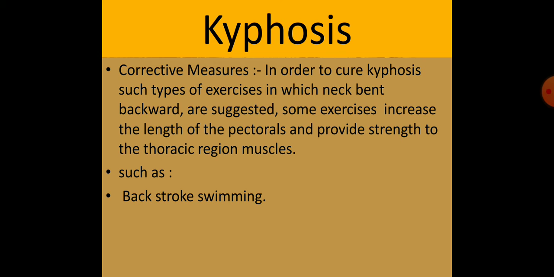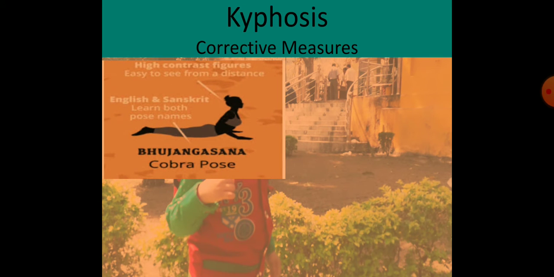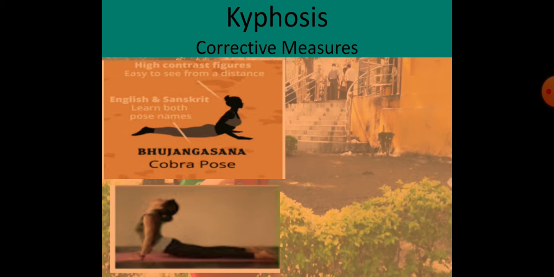Bhujangasana can be performed, in which we also pull our neck backward. In the picture we can see Bhujangasana, the cobra pose. This is Bhujangasana, how we pull our neck backward. This helps to cure kyphosis.